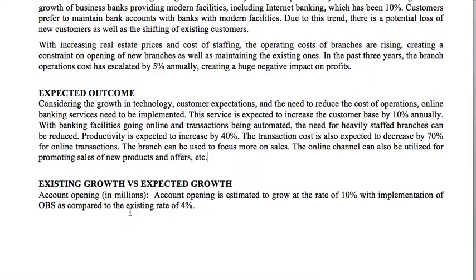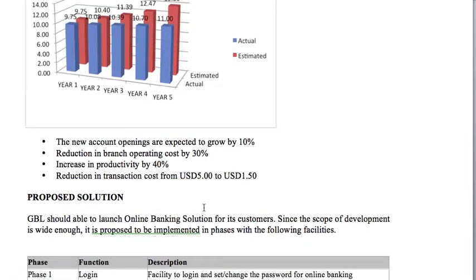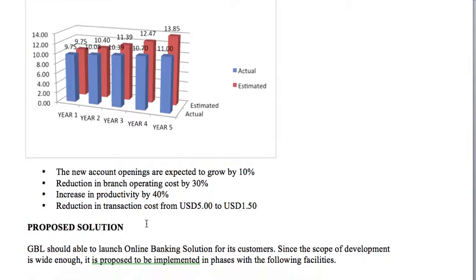This is the existing growth versus expected growth. You have to provide comparative details. This is basically the paragraph showing what is actual and what is estimated. So it shows clearly how it will contribute towards the growth, and how the growth will be faster than what you see.